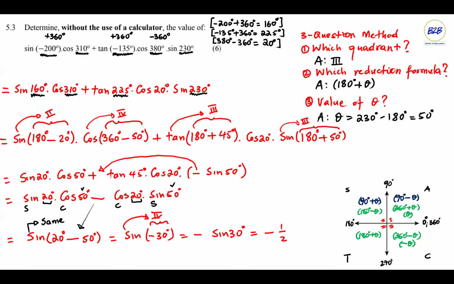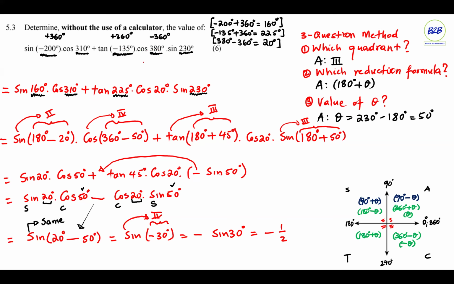All right. The use of the three question method, and also the use of adding 360 degrees in angles that are negative, angles like negative 200, angles like negative 315, and the use of subtracting 360 degrees from angles that are bigger than 360.